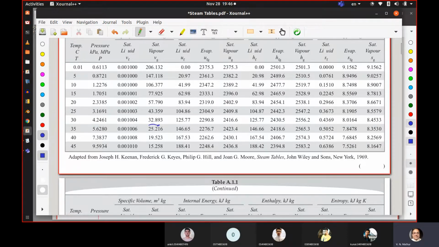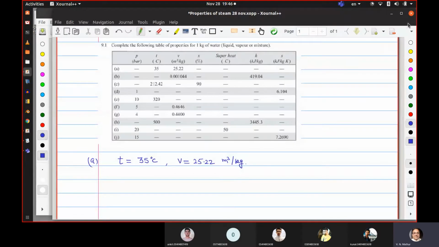Yes, you can read it. So this is our part here. So from this table we have value of, okay, what has been asked? Internal energy, enthalpy. No, it's pressure. So we'll have to read the value of pressure.